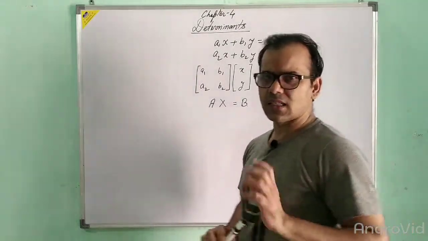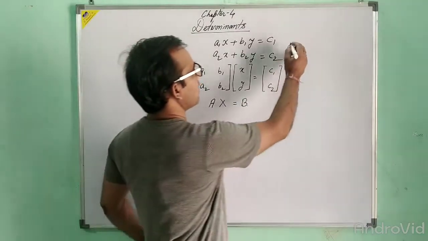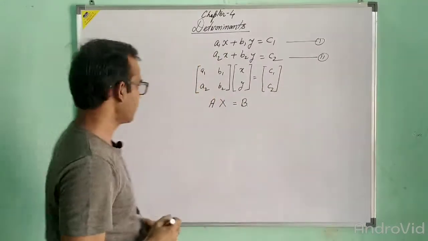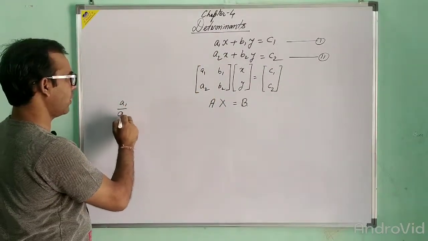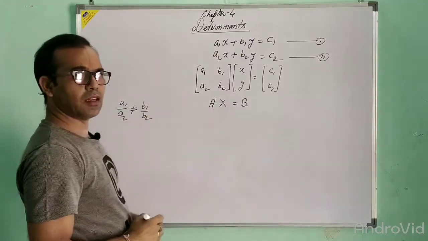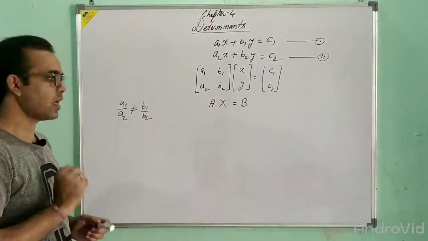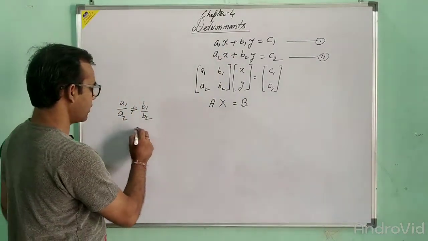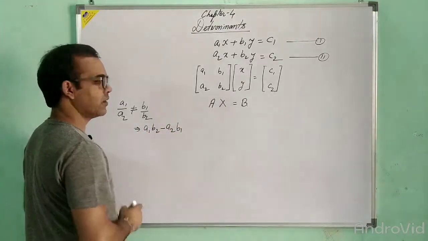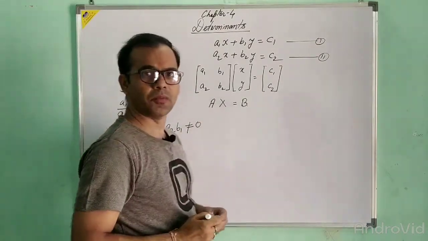Clear? Now in class 10th we have learnt that if two equations are given, a1x plus b1y equal to c1 and a2x plus b2y equal to c2, then if a1 upon a2 is not equal to b1 upon b2, a unique solution will exist. Here we see it can be written as a1 b2 minus a2 b1 not equal to 0.